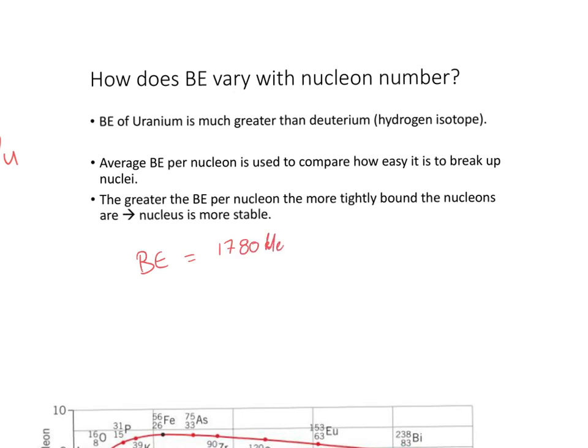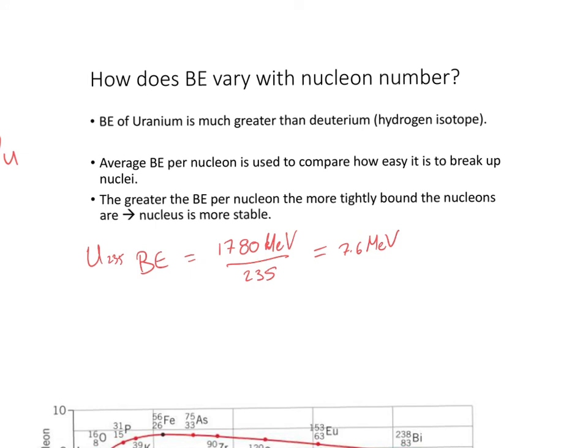Now if I wanted to find its binding energy per nucleon, I simply need to divide the total binding energy by the nucleon number, so the number of protons and neutrons total in the uranium. That will be divided by 235, since it's uranium-235, and that will give you 7.6 mega electron volts of energy per nucleon.